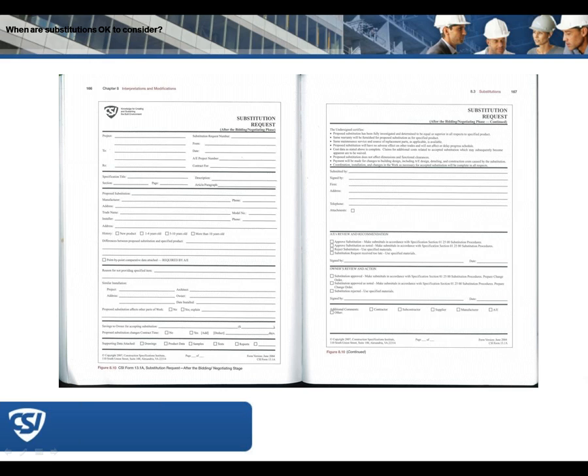The other thing that I don't think is on the CSI form is in my new form: I list lead criteria, and I have them do a side-by-side comparison, so they can list what we specified for lead criteria for the product or manufacturer in the spec, and then what the criteria is for the proposed product or substitution, so I can see them side by side. Yes, this is going to do what we want it to do, or no, it isn't.